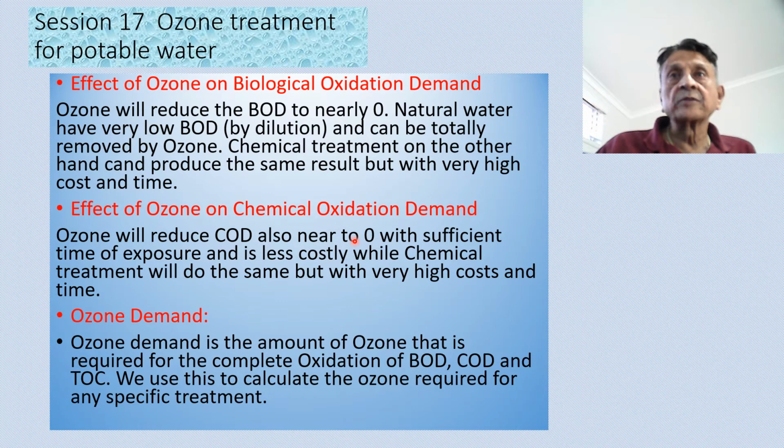We will be able to obtain near zero depending on the starting concentration and depending on the length of time of the ozone reaction and the concentration of ozone that is used to react.